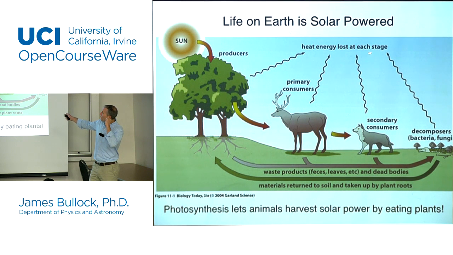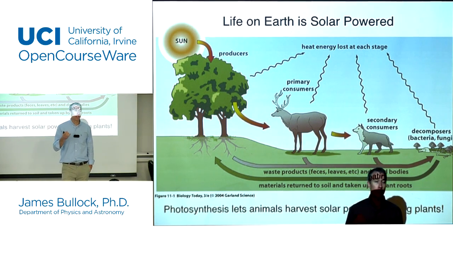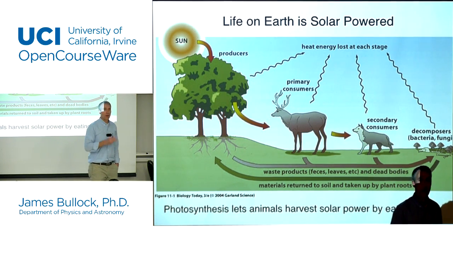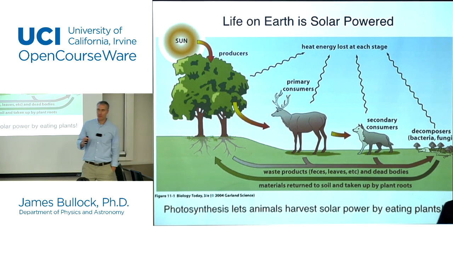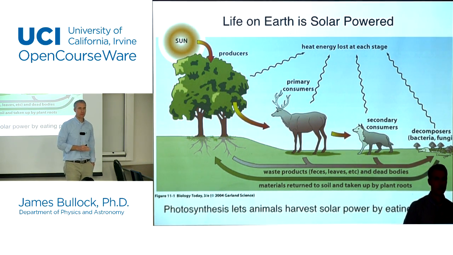So all life on Earth, not all life on Earth, most life on Earth is effectively solar powered. Plants, cyanobacteria, all that stuff gets its energy directly from the sun. But animals that eat plants, okay, are also getting their energy fundamentally from the sun.